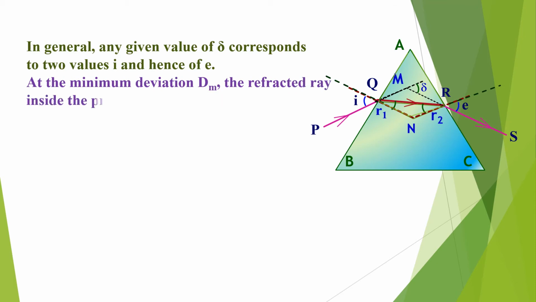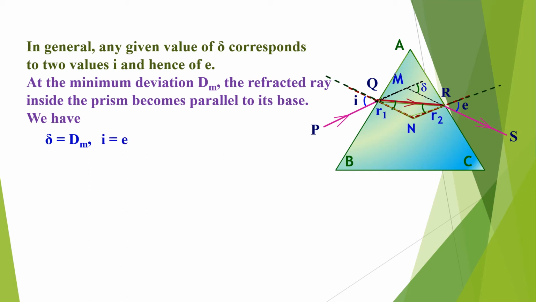At the minimum deviation Dm, the refracted ray inside the prism becomes parallel to its base. Delta can be written as Dm, where D is deviation and m represents minimum. So minimum deviation is represented with Dm. I is equal to E, that is, the angle of incidence must be equal to the angle of emergence.